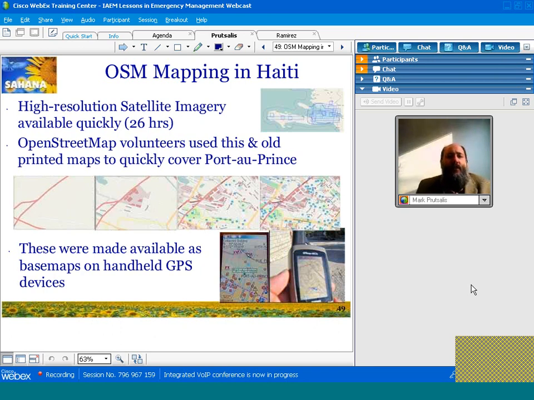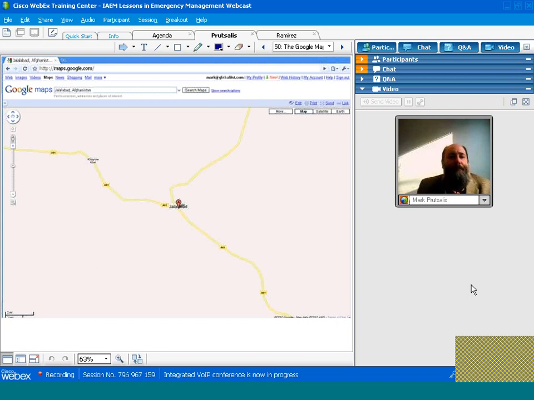And this is very important for a number of reasons. I want to show you two slides on the effect that OpenStreetMap mapping can have and why it's particularly effective for crisis mapping. So if you go to Google Maps and look at Jalalabad in Afghanistan, you get a picture that looks like this.